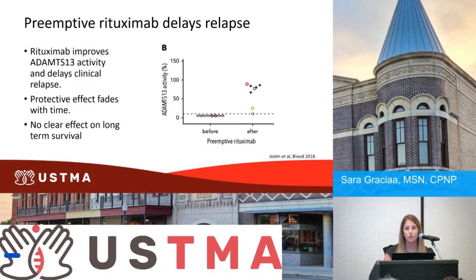Now, unfortunately, half of these patients required repeat courses of rituximab, and the patients with longer follow-up experienced more relapses. So looking at all this data together, it appears that the protective effect of rituximab may wane with time, and there's no clear effect on overall survival.